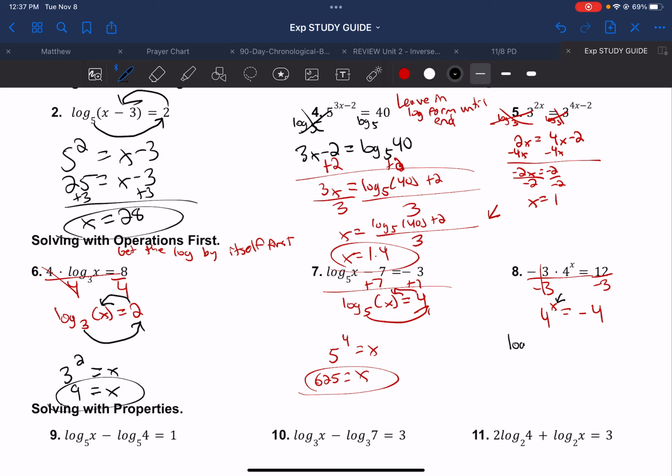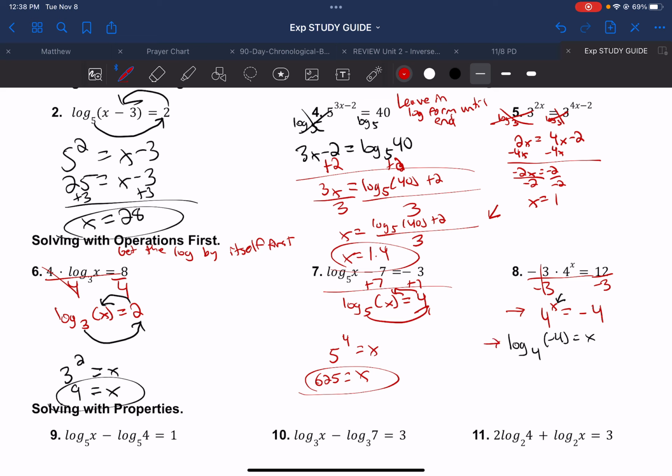So log base 4 of -4 equals x. Okay, log base 4 of -4 equals x. So type that in. And notice here, what's the issue? You can kind of see it in this step right here, or this one.